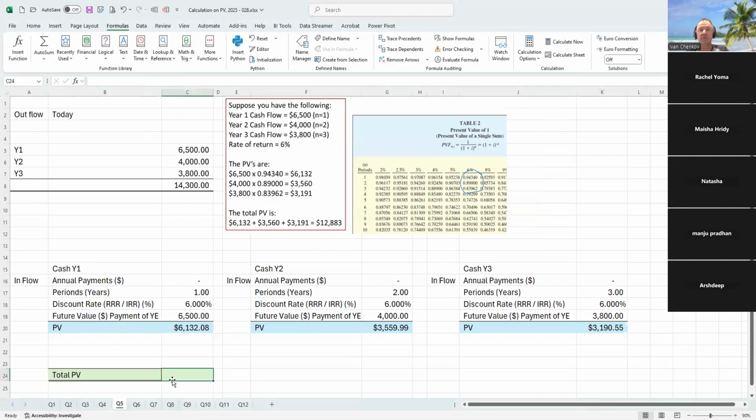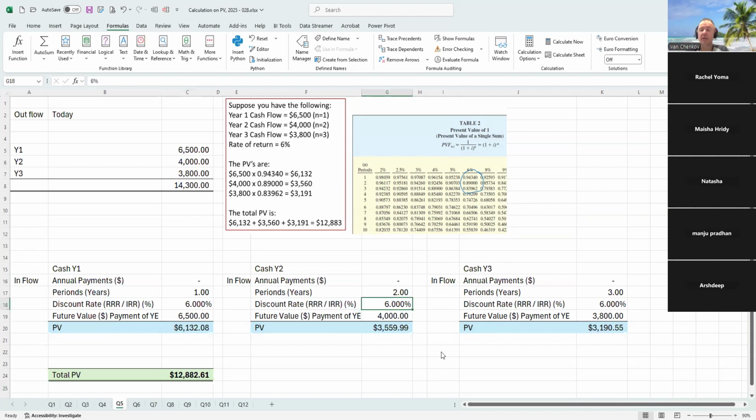So in total, the present value of this $14,300 is not $14,300. It's this one plus this one plus that one, so in total $12,882.61. And that's the present value of those 14,000.